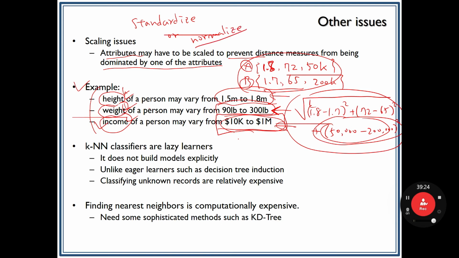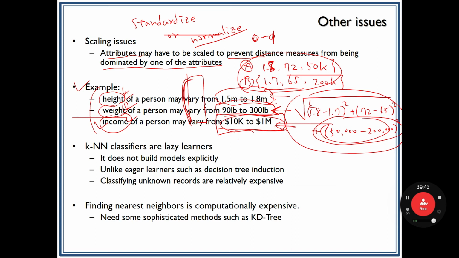Normalize, for example 0-1 normalization, means that you divide a column by its maximum value, then the range of that column becomes 0 to 1.